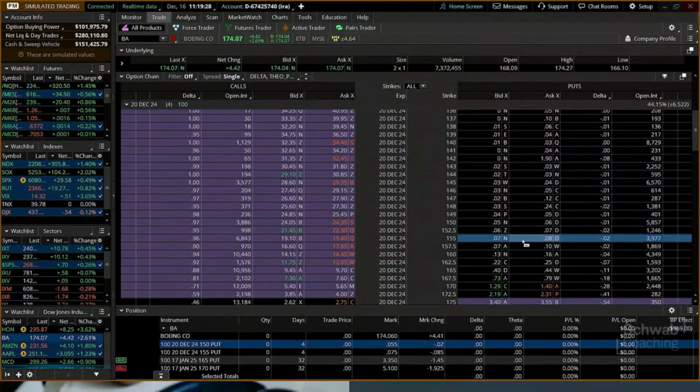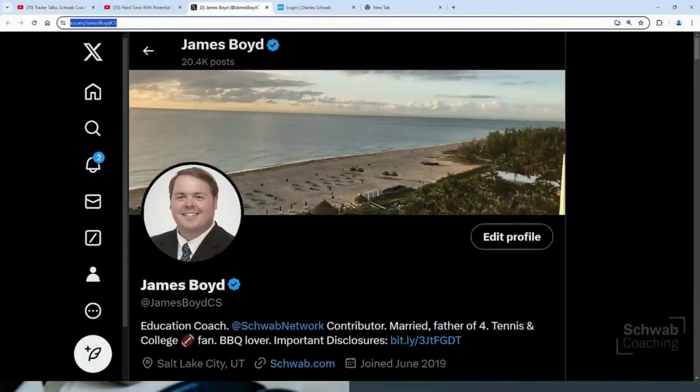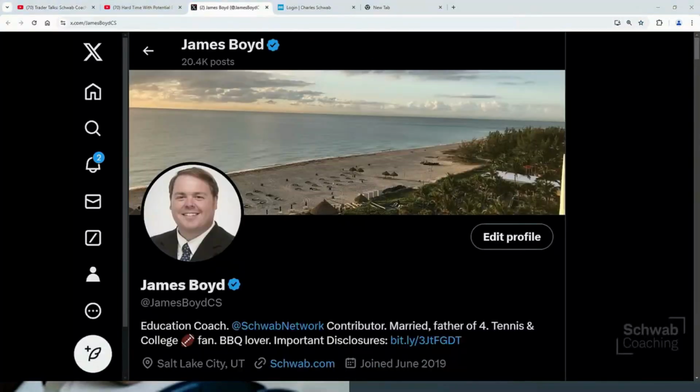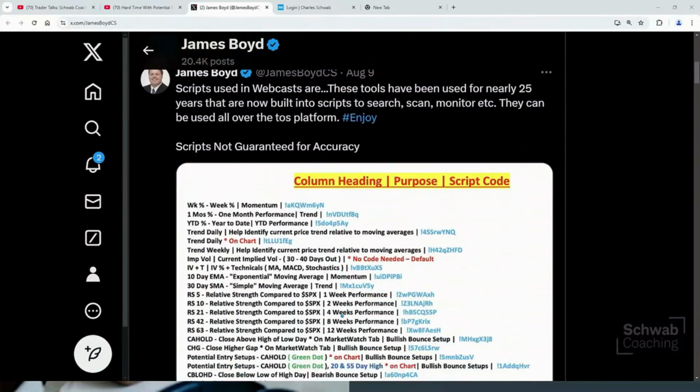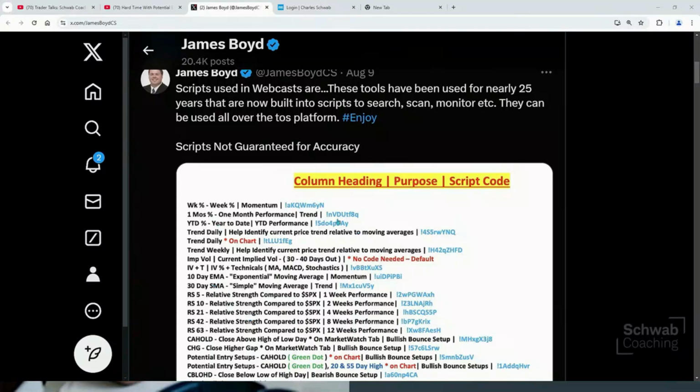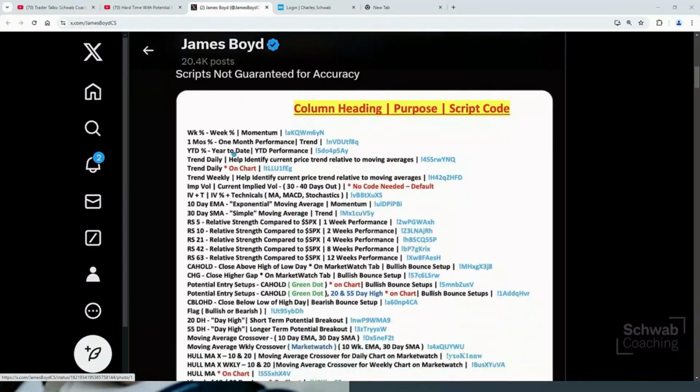Okay, now, second question that kind of came out here. Let's go back to something. Right on my X page, right at the very top, these are the scripts we use in class, okay? The scripts are what is in blue.